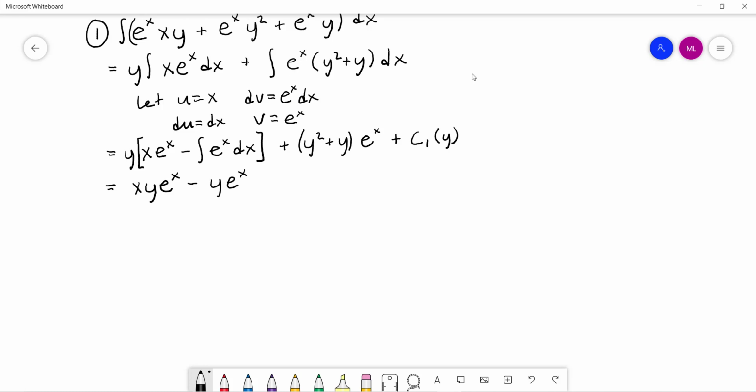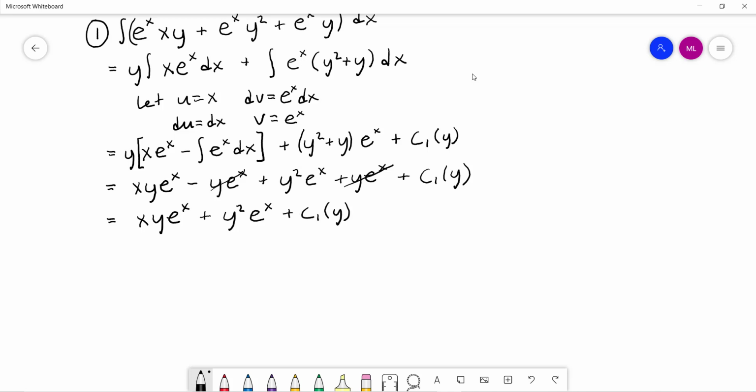And then I've got this big ugly term. So I've got a plus y squared e to the x, and then a plus y e to the x, plus c1 of y. And notice that this piece here and this piece here can potentially cancel. And we'll really clean it up.